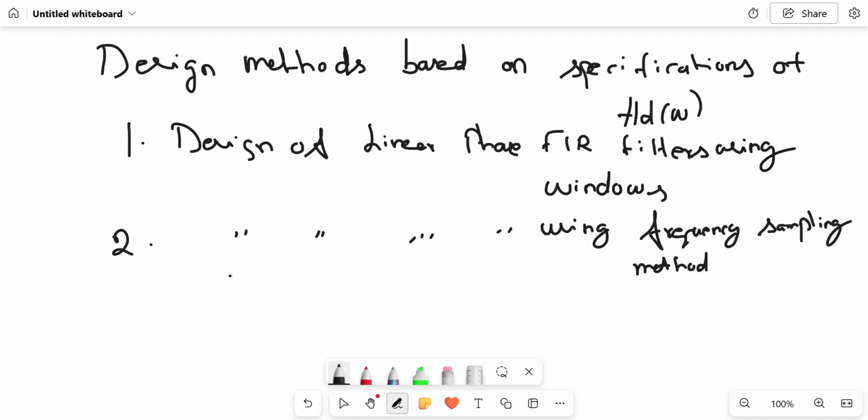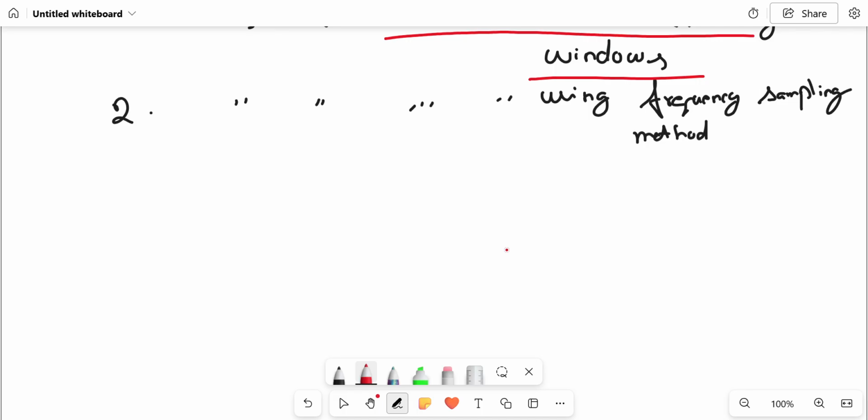So first we will discuss the design of linear phase FIR filters using the window technique. What do you mean by window? First define window, and what are the pros and cons because of the window?